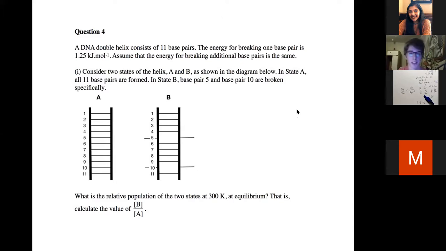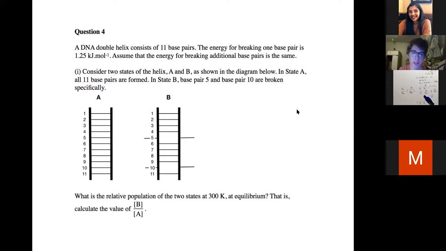And we're comparing the relative population of 2 different states. State A has all 11 base pairs formed, and state B has specifically base pair 5 and base pair 10 broken. And the energy cost for breaking one base pair is 1.25 kilojoules per mole.